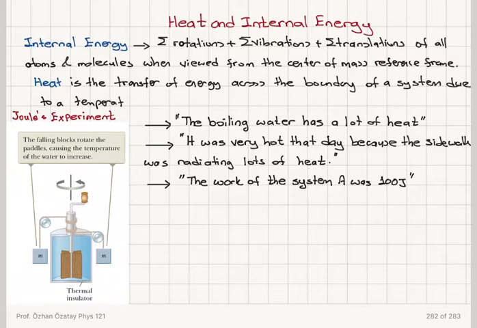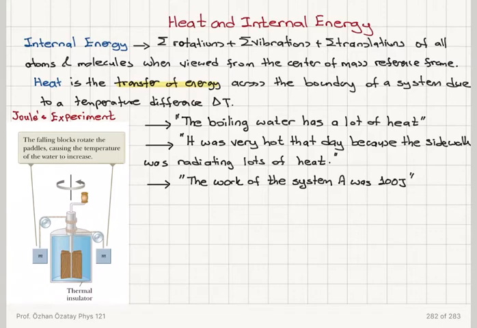So when you make a thermal contact between two systems and there is a temperature difference, delta T, we will find that heat must flow, energy must be transferred from the hot system to the cold system. Therefore, finally, we will have the equal internal energy on both sides, equal temperature on both sides, and there will be thermal equilibrium. So it's very important that heat is the transfer of energy and internal energy is the energy of the system.